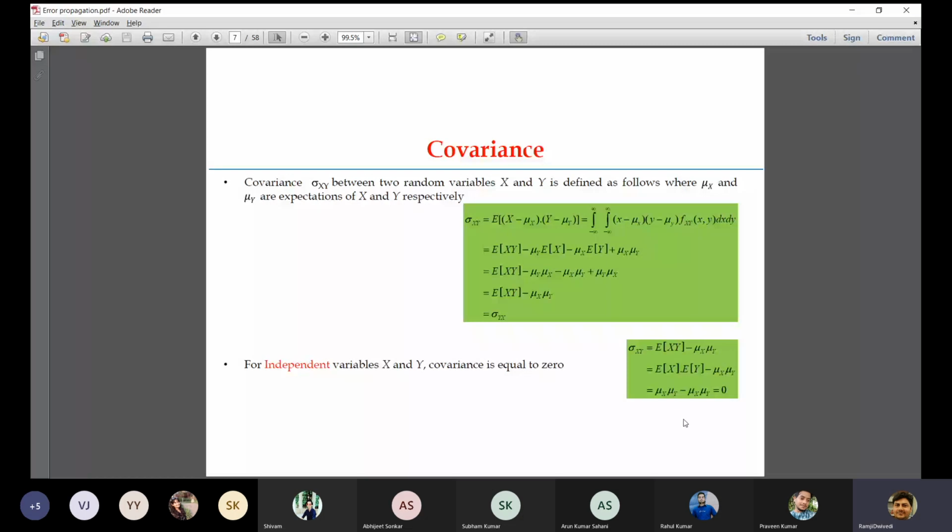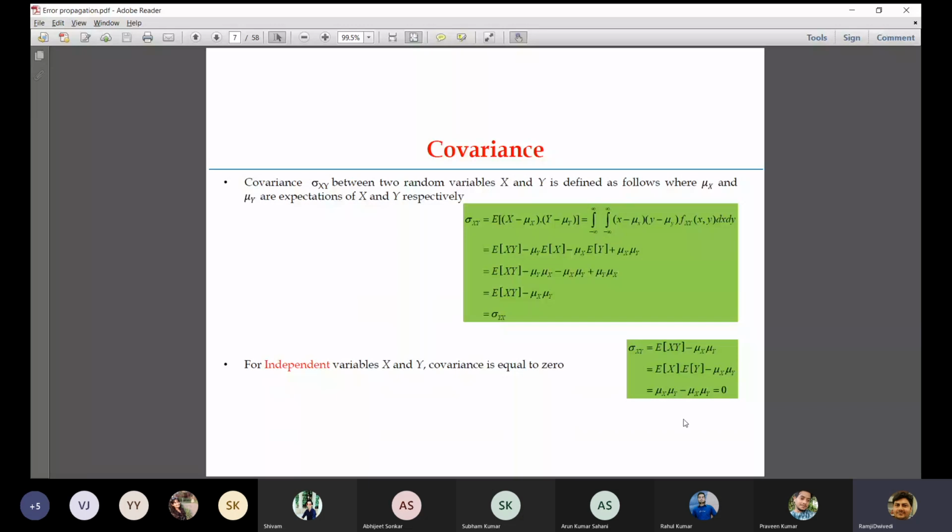This is a mathematical proof. Now you should feel comfortable that what we discussed while discussing probability distributions, that covariance or correlation is 0 for the independent case, now the mathematical proof is in front of you.